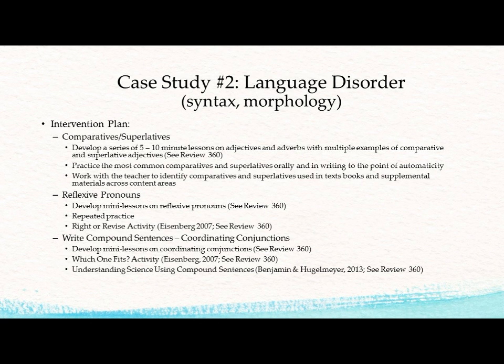you can develop a series of 5 to 10 minute lessons on adjectives and adverbs with multiple examples of comparative and superlative adjectives. And then practice the most common ones, even if they're below grade level. Practice them orally and in writing to the point of automaticity.